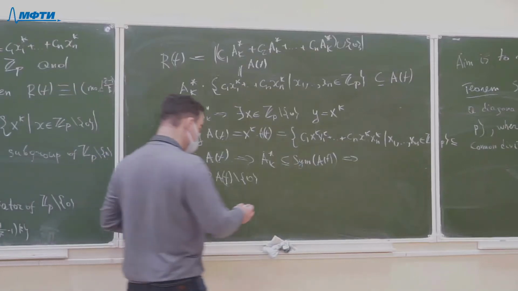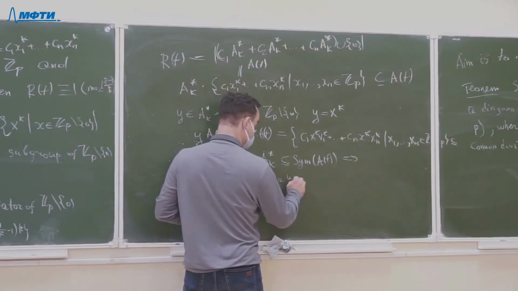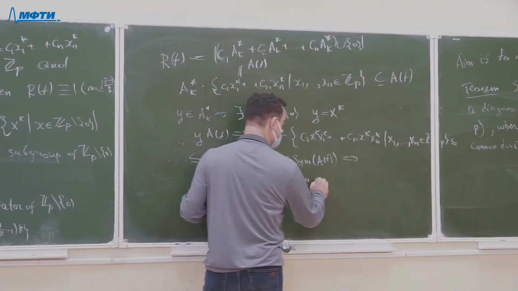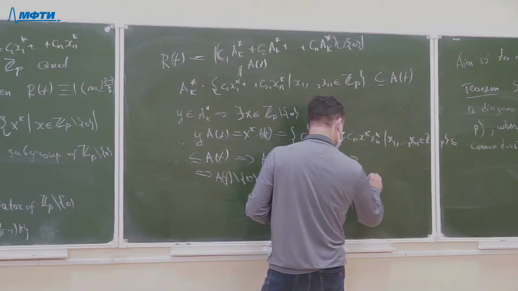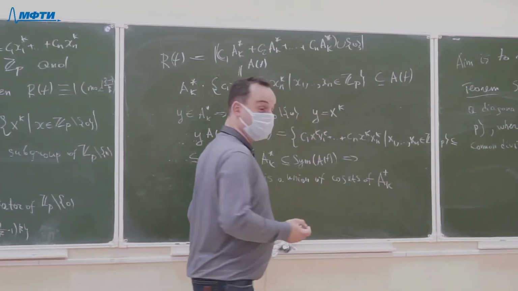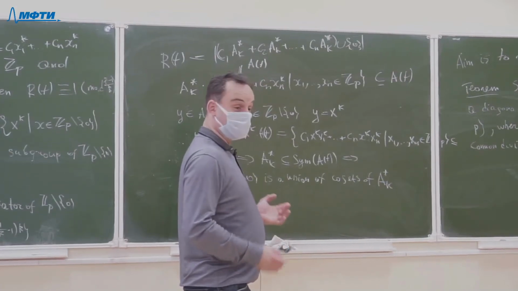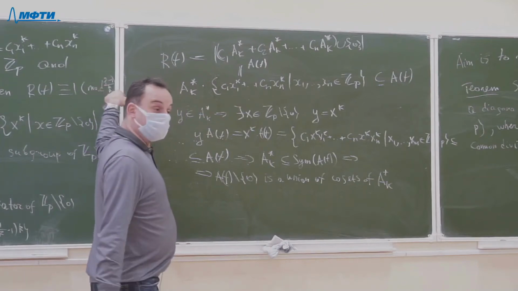So AF without 0 is a union of cosets of AK star, which means that the size of AF without 0 is divisible by the size of AK star, which is p minus 1 divided by k.